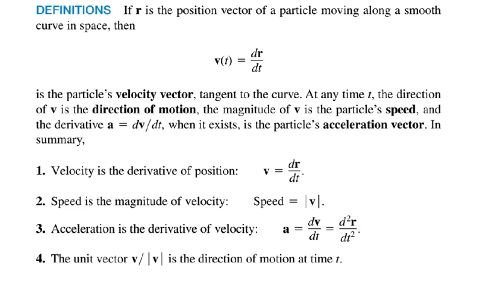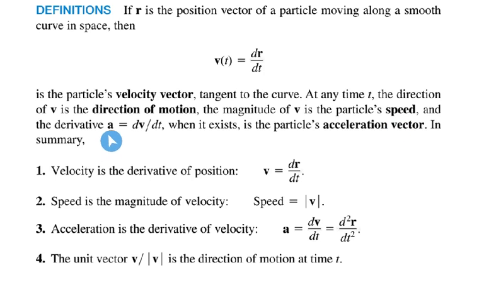At any time t, the direction of v represents the direction of motion. The magnitude is the particle's speed. Remember, speed is always positive, magnitude being a distance. So that length of the vector represents the speed.